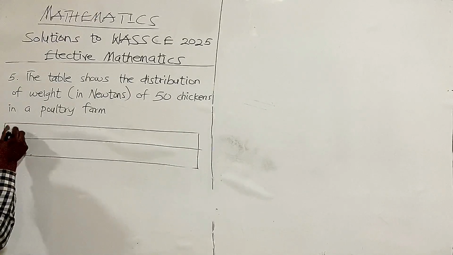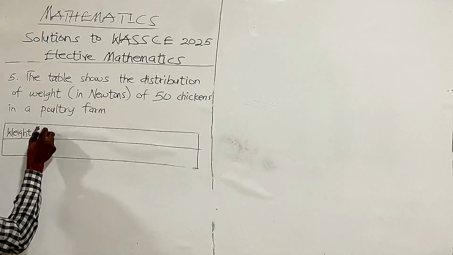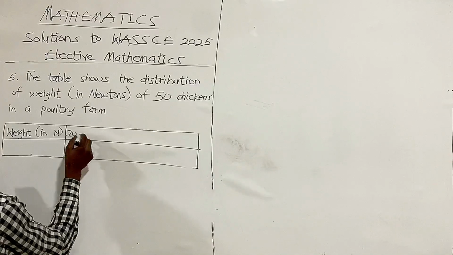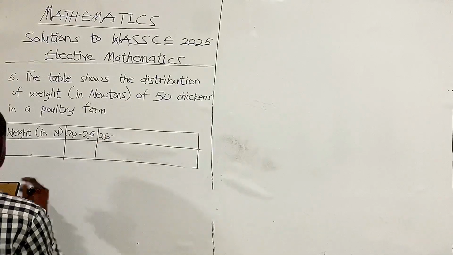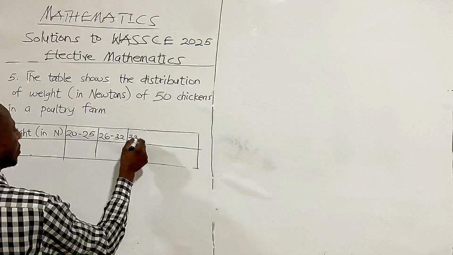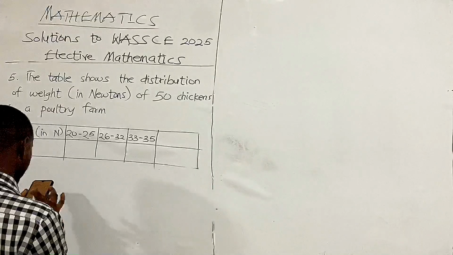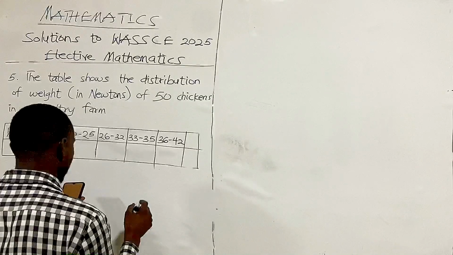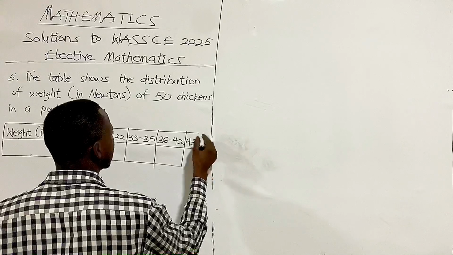So we have weight in newtons: 20 to 25, 26 to 32, 33 to 35, 36 to 42, then 43 to 48.